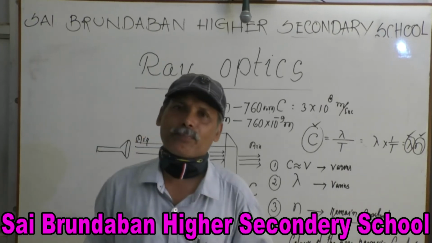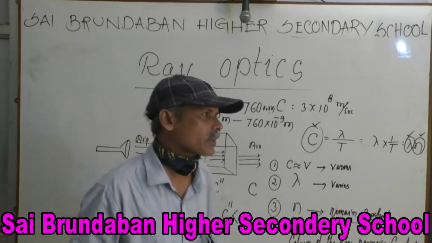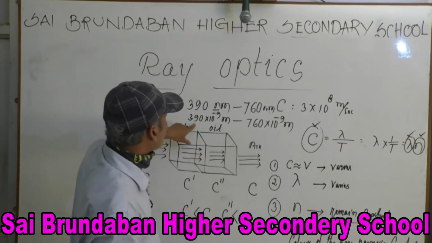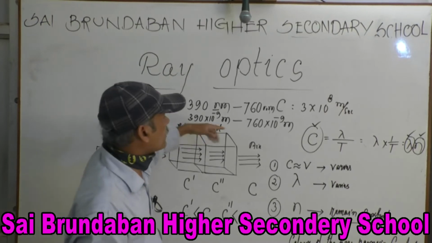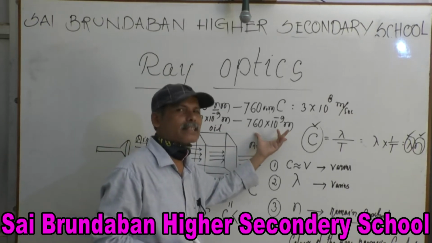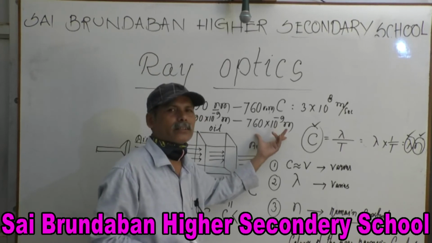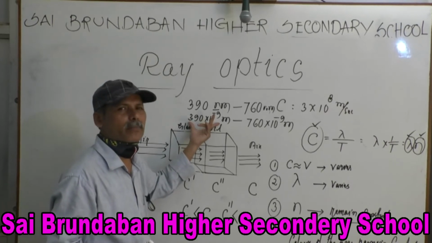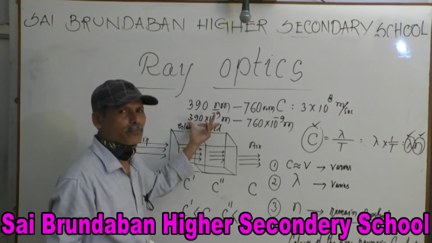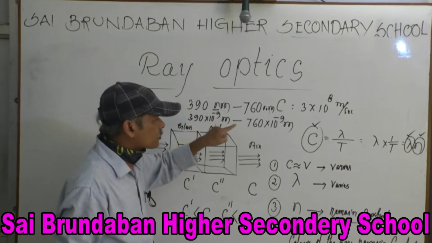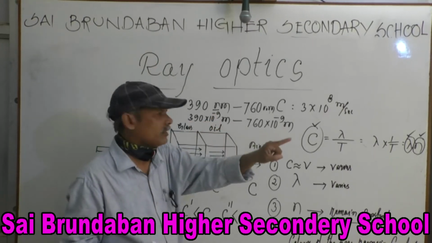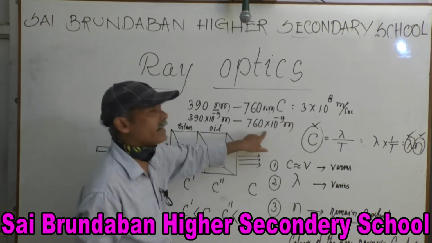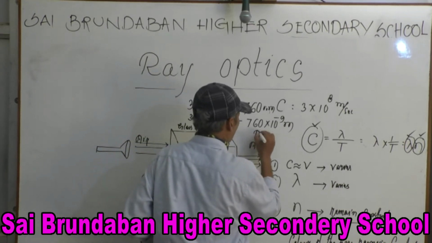You just tell me, try to think: 760 nanometer and this is 390 nanometer. So no doubt this particular wavelength is much greater than the wavelength of 390 into 10 to the minus 9 meter. So, to which color does this particular wavelength belong?